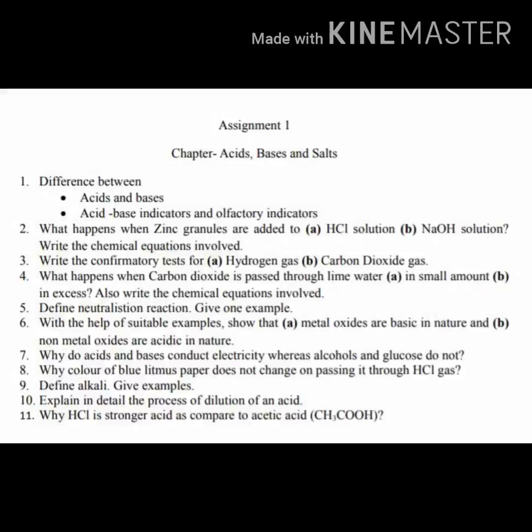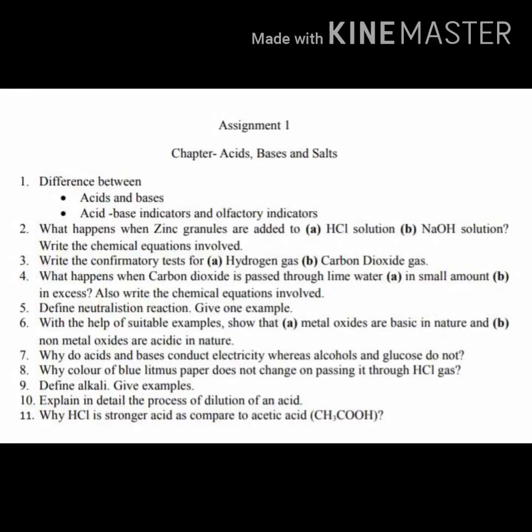Hence, to slow down the exothermic reaction, dilution of concentrated acid is always done by taking a sufficient amount of water in a beaker and adding concentrated acid into it slowly with stirring. Thus, we always dilute an acid by adding acid into water and not water to the acid.